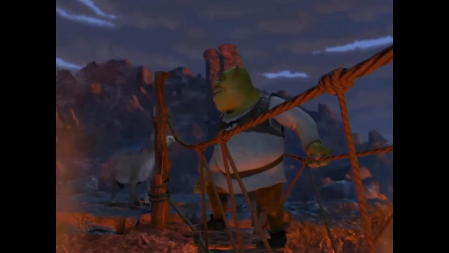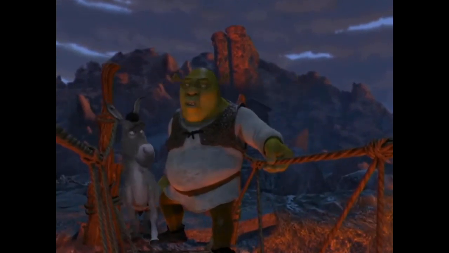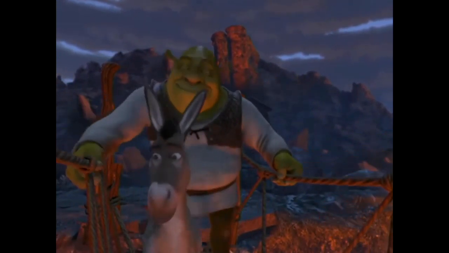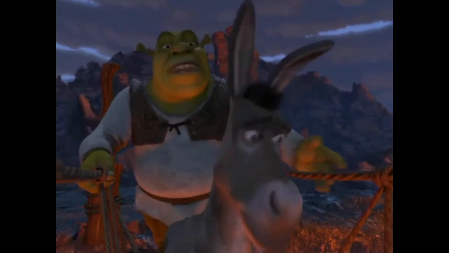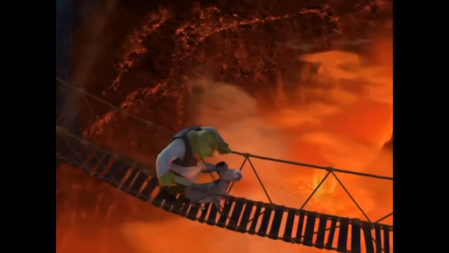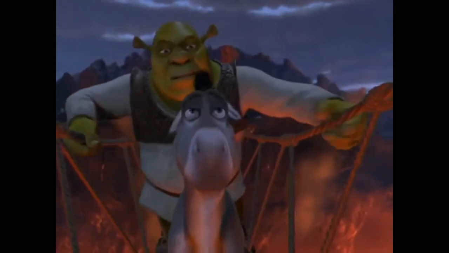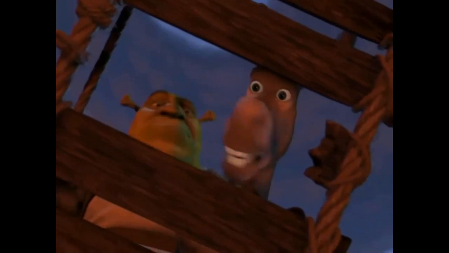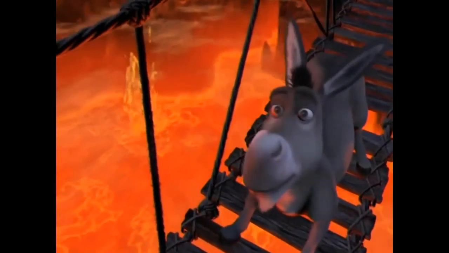Come on, Donkey. I'm right here beside you. We'll just tackle this thing together one little baby step at a time. Just keep moving. And don't look down. Shrek! I'm looking down! Oh, God, I can't do this. Just let me off right now, please. But you're already halfway. Yeah, but I know that half is safe. Okay, fine.